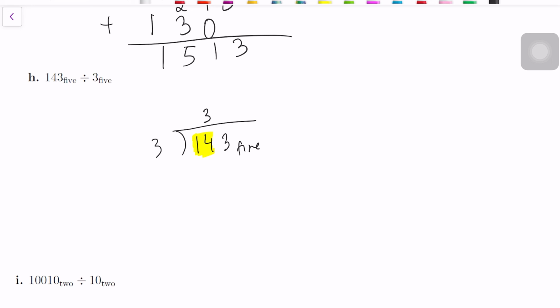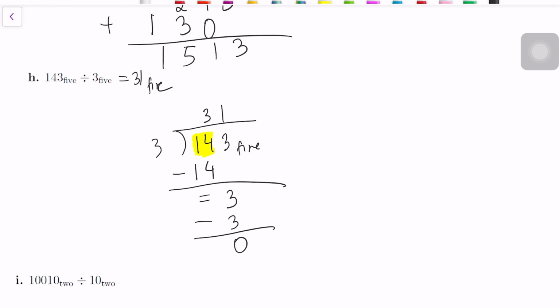So then let's go back. 3 times 3 is 9, and 9 is 1 five, 4 units. So actually when you subtract it, nothing will be left, right? So I carry over this 3, and now 3 divided by 3 is 1. 1 times 3 is 3. You subtract, remainder is 0. So that solution is 3 1 in base 5.